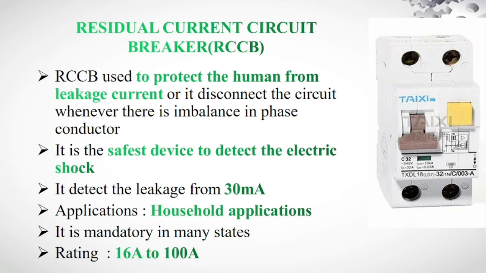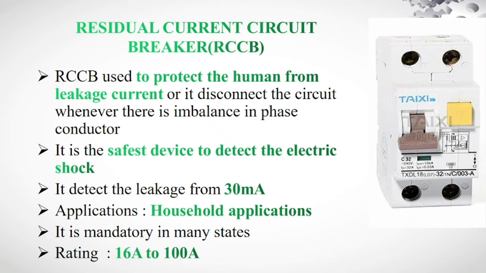And the main applications of RCCBs: it is mainly used in household applications, or where there is human presence. Actually it is used for protecting humans, so it is used where human exposure is high.